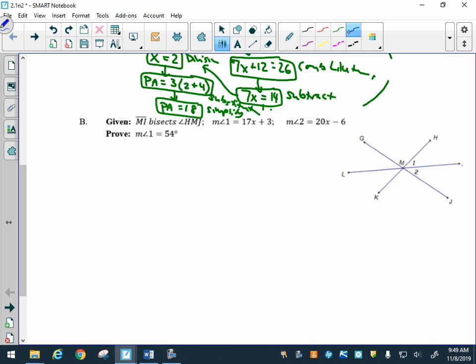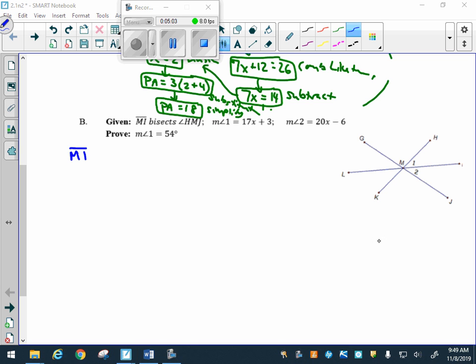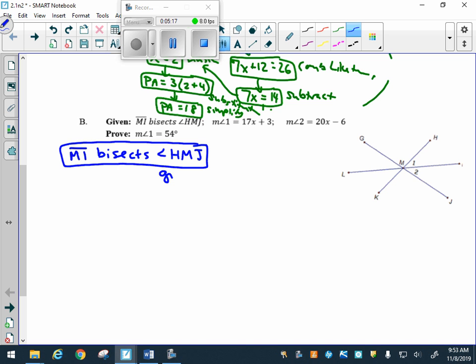Okay, this next proof is a different set of givens. Okay, so we have MI bisects angle HMJ as one of our givens.